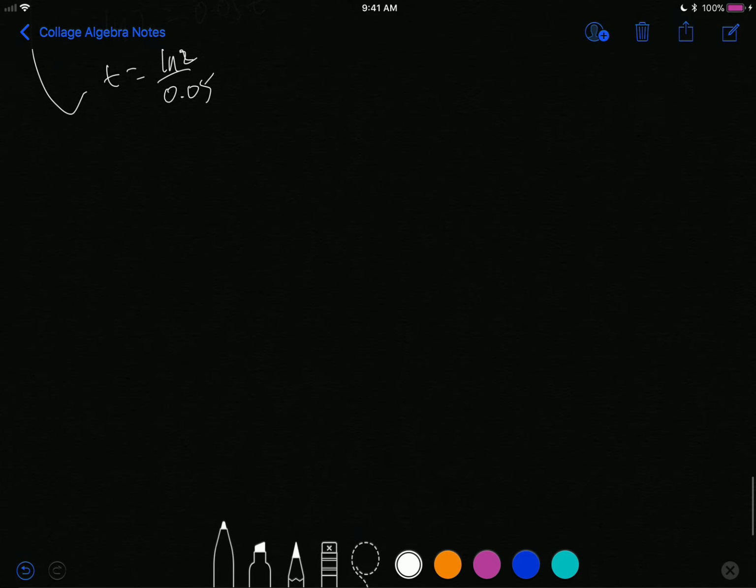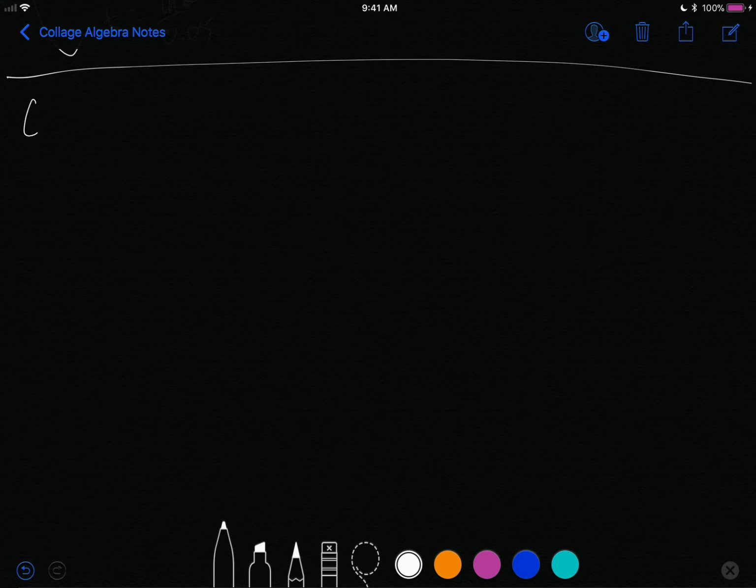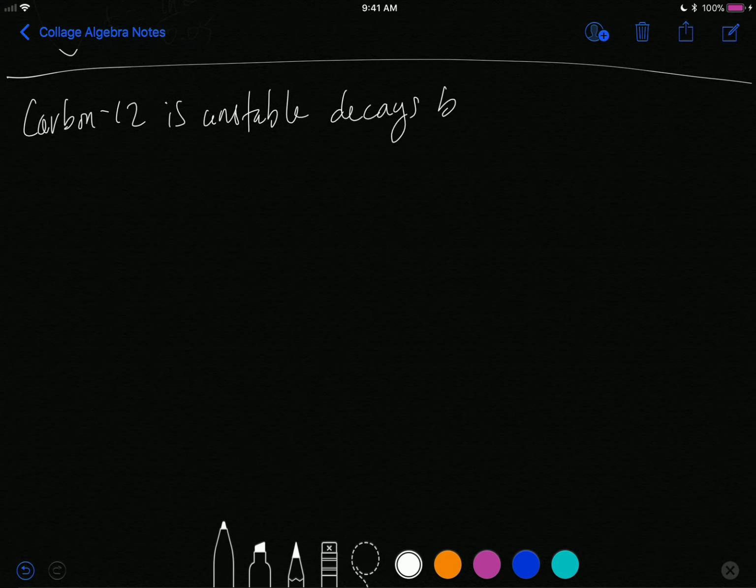Let's look at one example of exponential decay. Carbon 12 is unstable and decays by the function: the amount of carbon that you have is equal to the amount of carbon you started with, e to the negative 0.0034t.